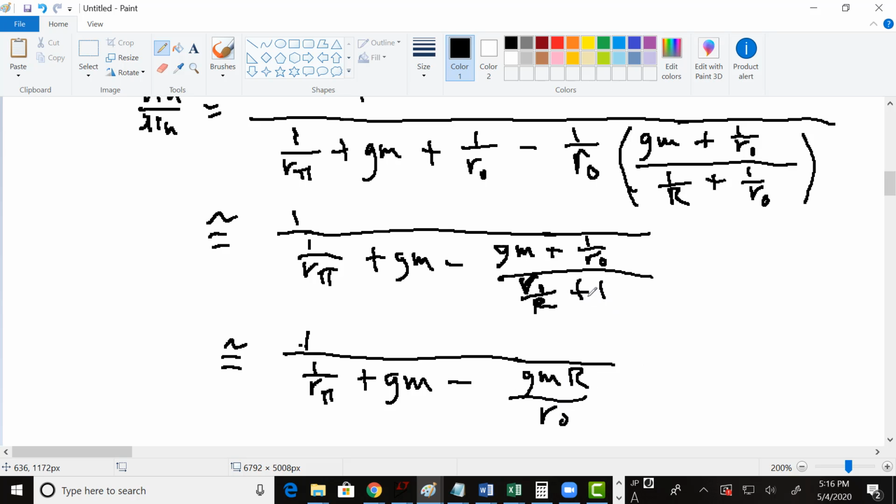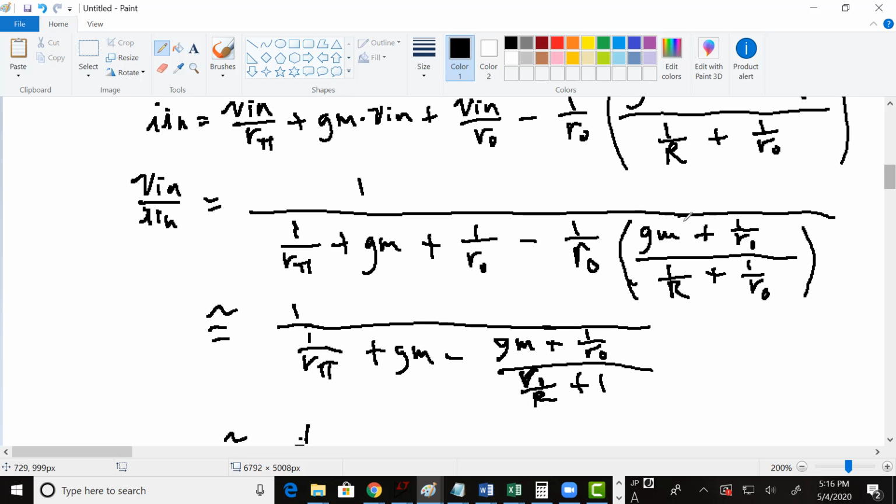I'd say this 1 is much less than R over R. 1 over RO is much smaller than GM. And then if I really wanted to go on from there, I think I'd stop here. But yeah, if I asked you not to simplify things, this would be your answer up here. Sorry, I kept rambling after we got to the actual answer.